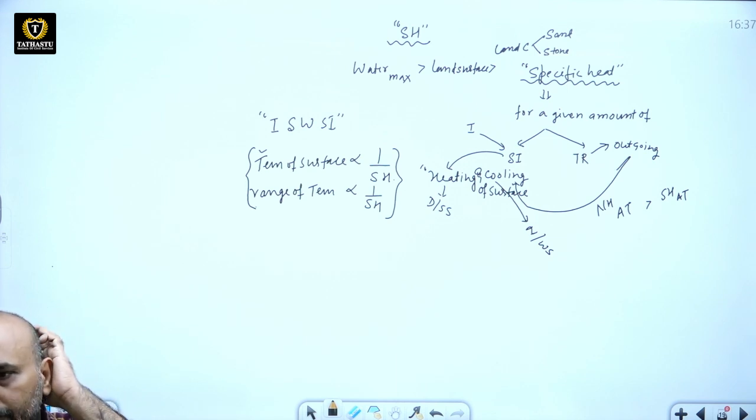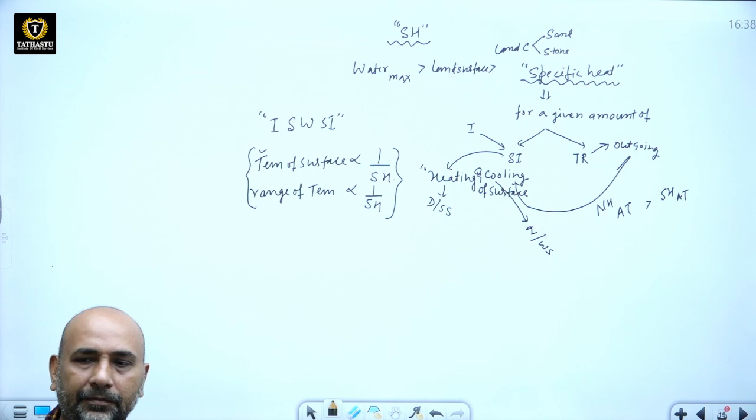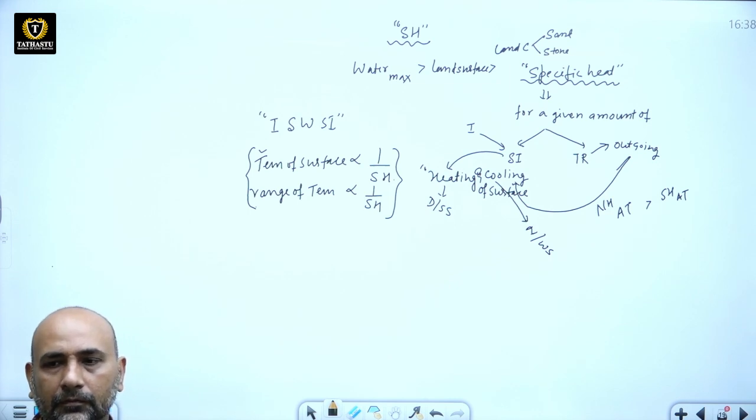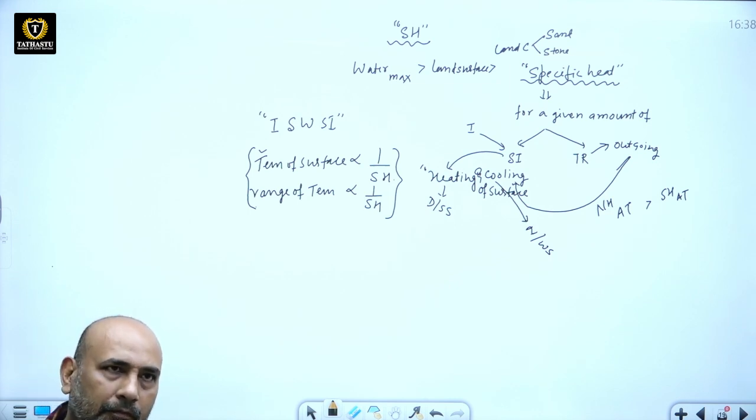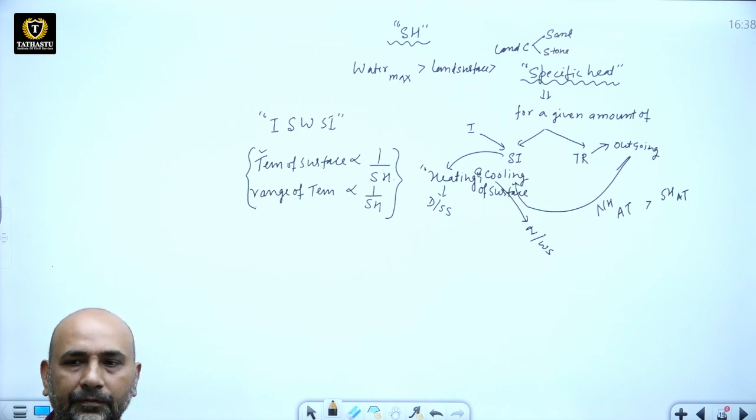What is next? Winds are different, oceanic currents will be different, right? Yes, thermal properties of inflowing winds. In detail, we are going to study this in the next topic, pressure belts and the winds.